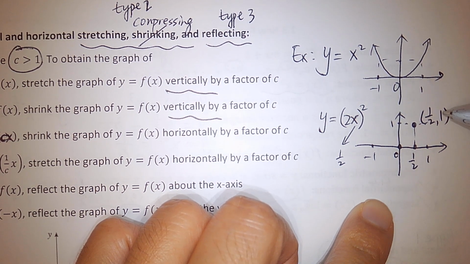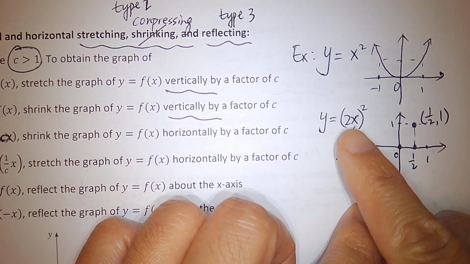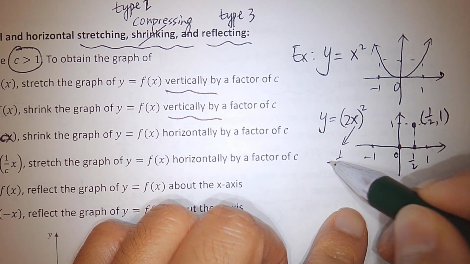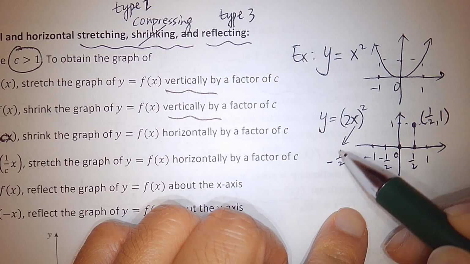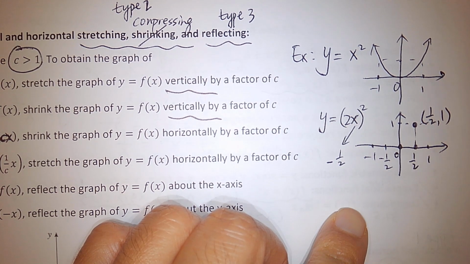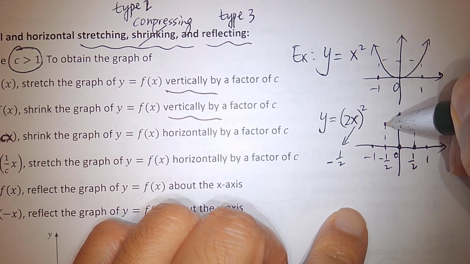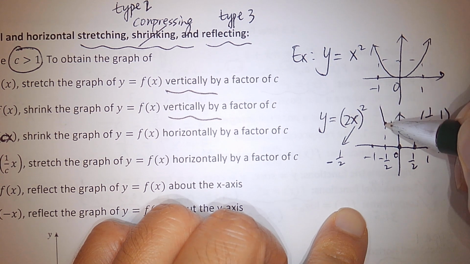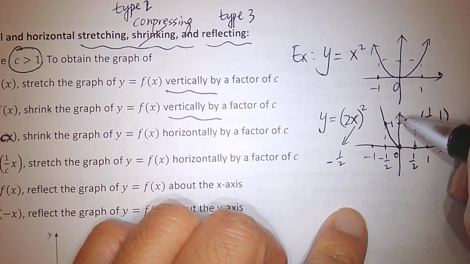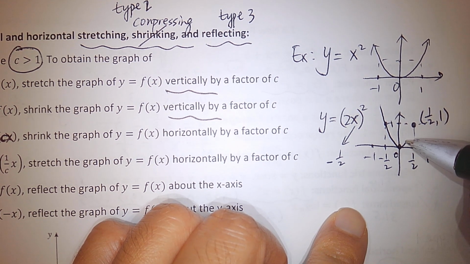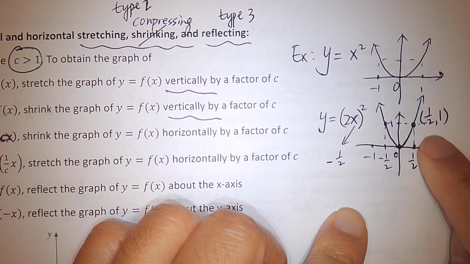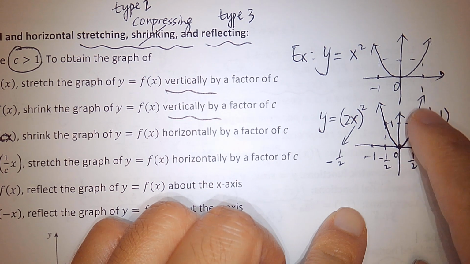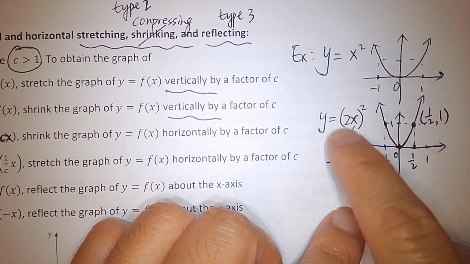When x equals 1/2, y equals 1. Similarly, when x equals negative 1/2, 2 times negative 1/2 gives us negative 1, and negative 1 squared is positive 1. So with the 3 key points, (negative 1/2, 1), (0, 0), and (1/2, 1), this is the graph of y equals (2x) squared.